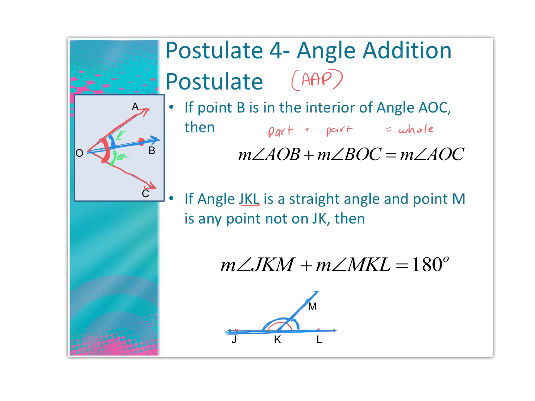But basically I took that full 180 degrees and I split it into two parts. So I know that this angle here, JKM plus MKL, have to add up to 180 degrees, which I know the whole thing equals. Okay, again, the two parts have to equal the whole. So that's what this angle addition postulate is telling you.